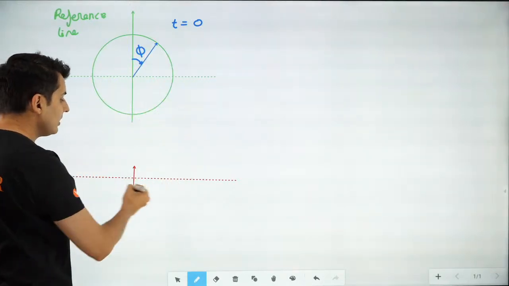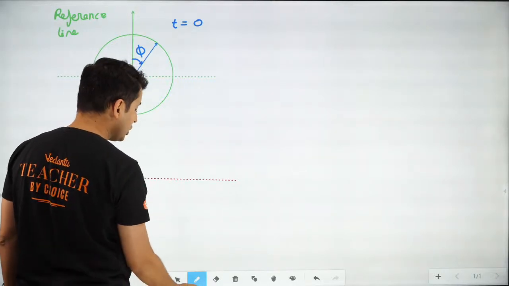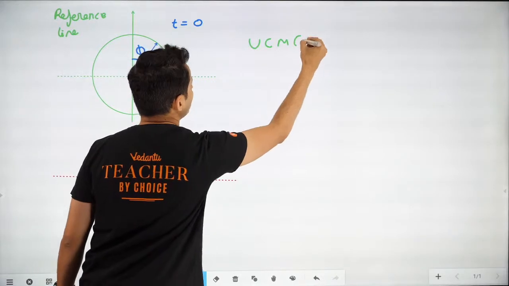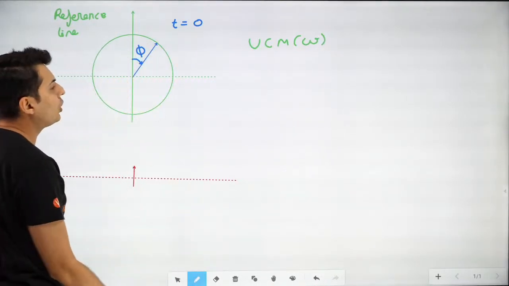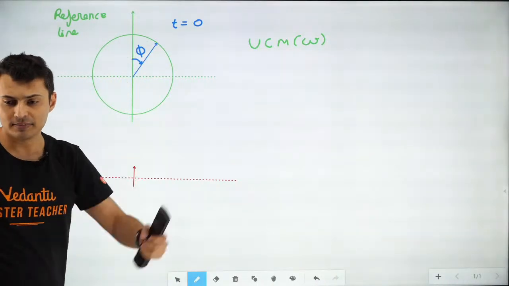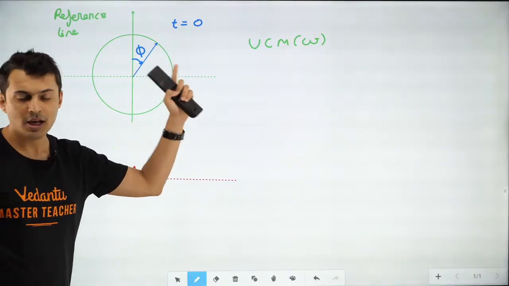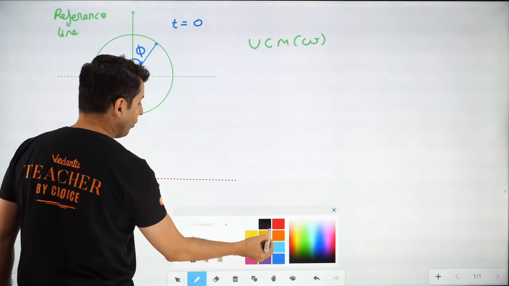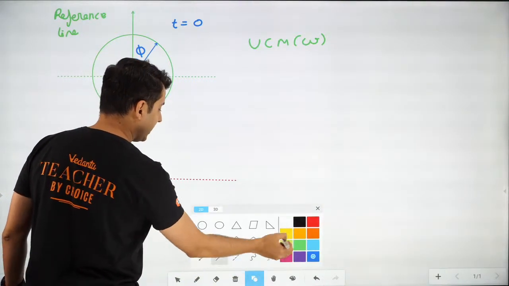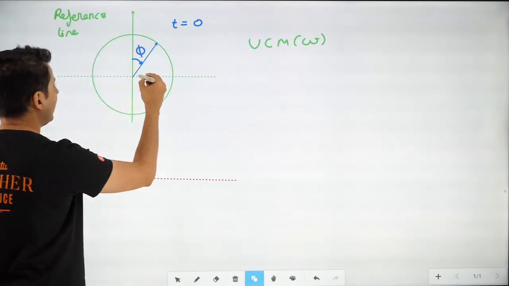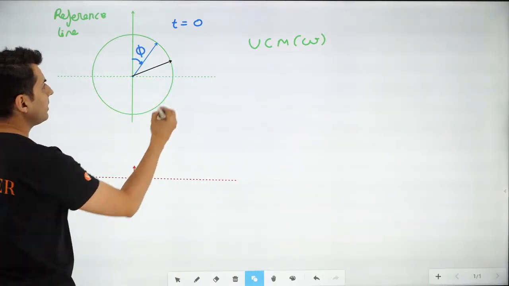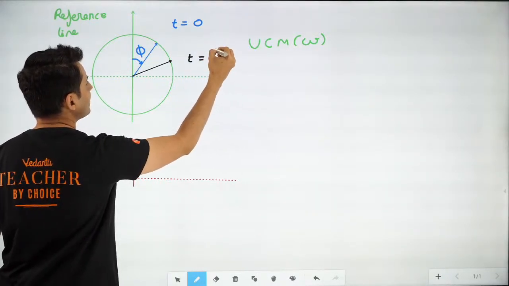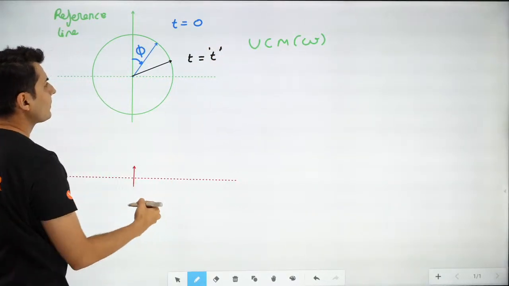Now remember, this particle is performing uniform circular motion with constant angular velocity omega. Everybody understanding this? Very good. Now think about it. In some time, what is going to happen, guys? This particle is going to go somewhere else. It's going to probably reach over here, at some instant of time t.